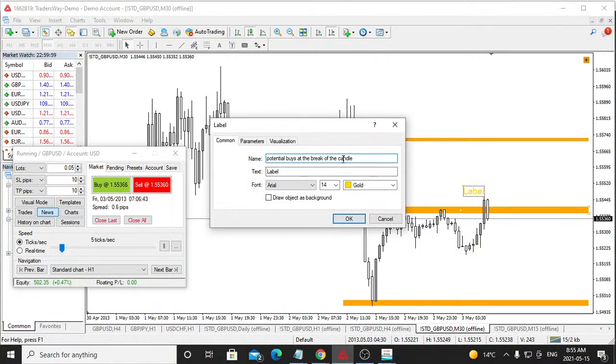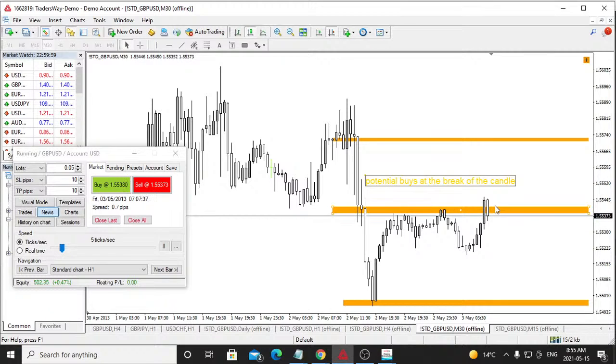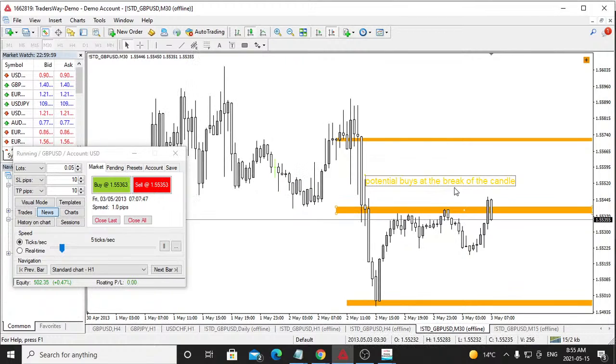Properties, I need this to actually be here. And then we're going to go here and, yeah, break of the candle. Let's see what is going to happen. Potential buys at the break of the candle.